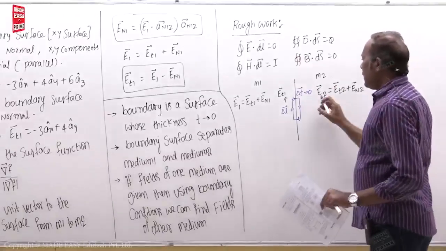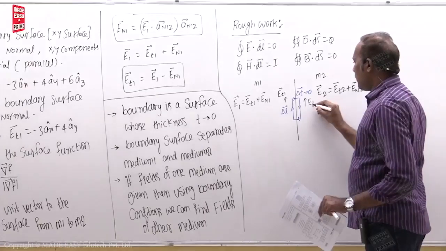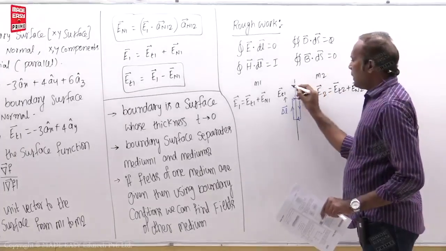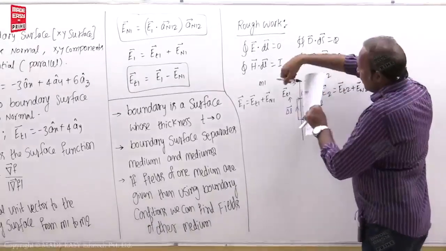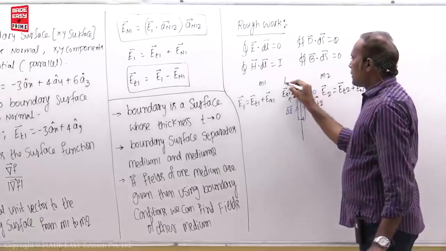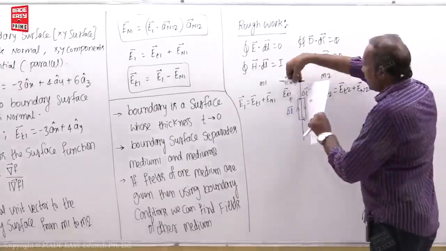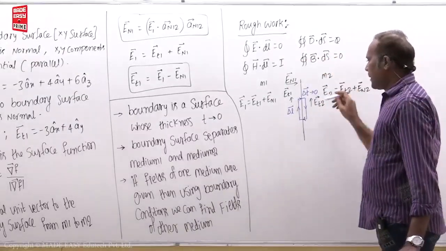Similarly here, ET2 bar will be there. But in this direction, the normal component will be there. So EN1 bar is 90 degrees to this boundary. Similarly here EN2 bar is there.